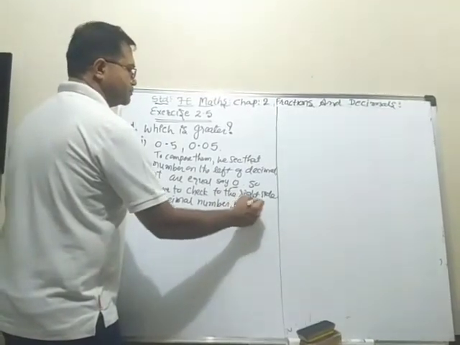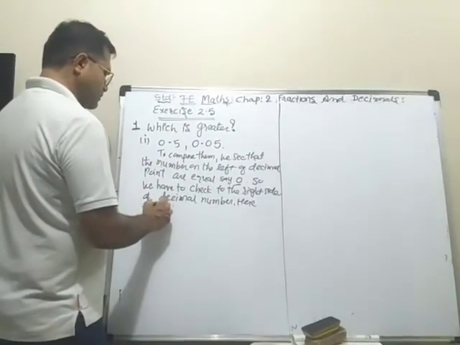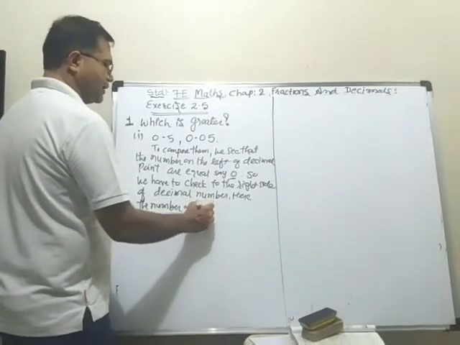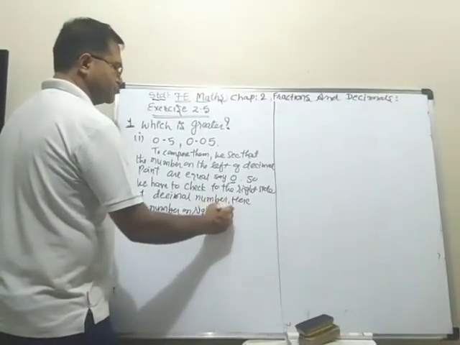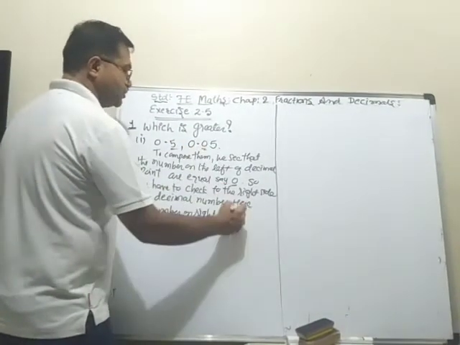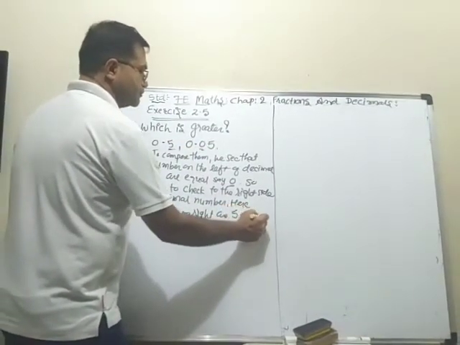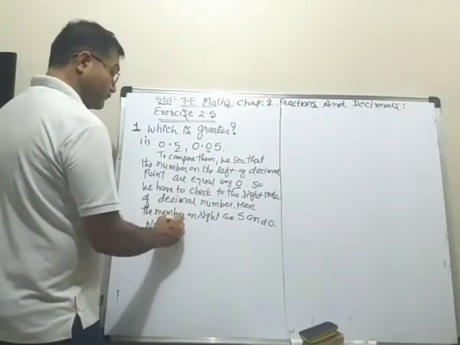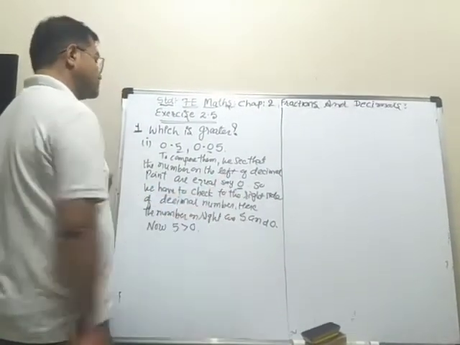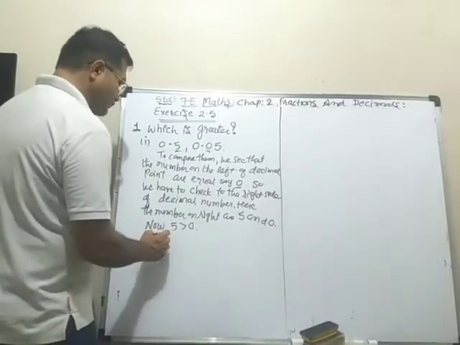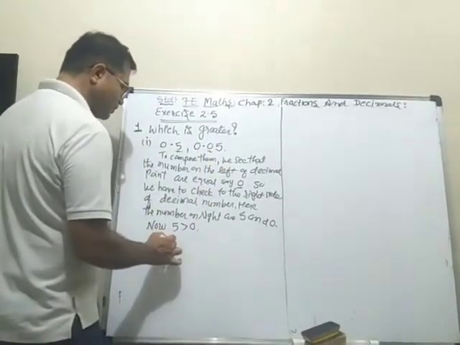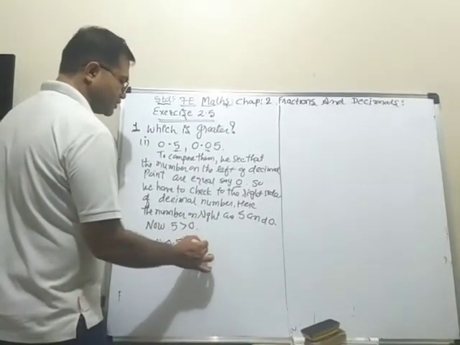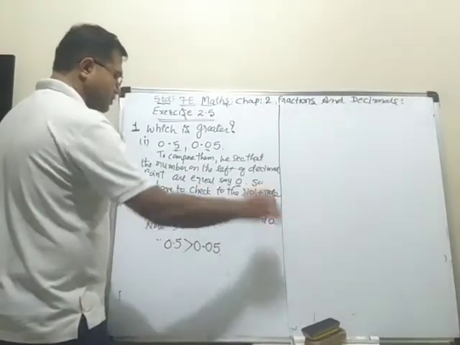Here the numbers on the right are 5 and 0. Now 5 is greater than 0, and therefore 0.5 is greater than 0.05.